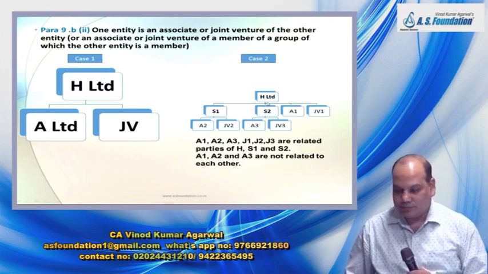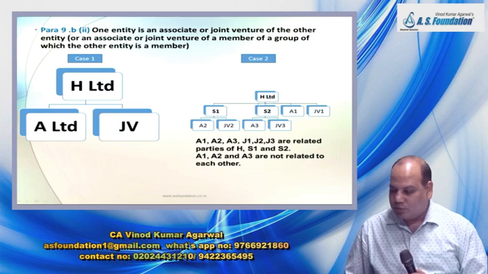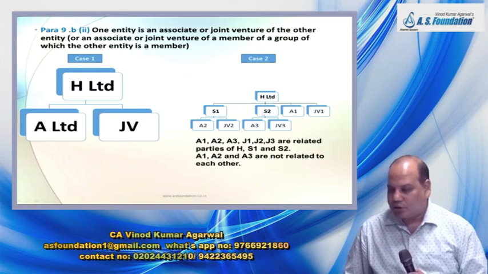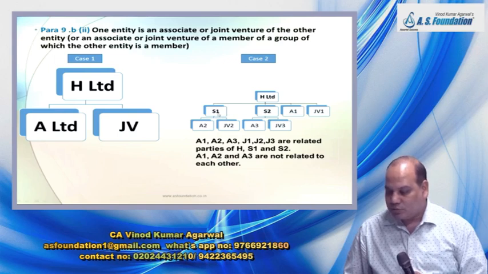Now we'll come here. H Limited has two subsidiaries, S1 and S2, one associate, one joint venture. Subsidiary 1 has one associate A2, one joint venture JV2. S2 has an associate A3 and a joint venture JV3.